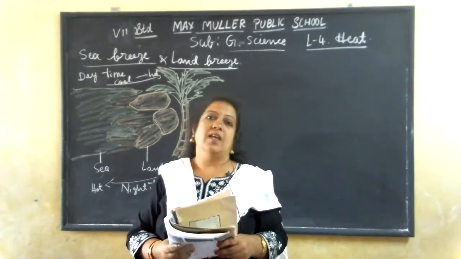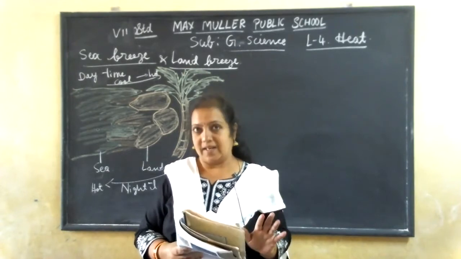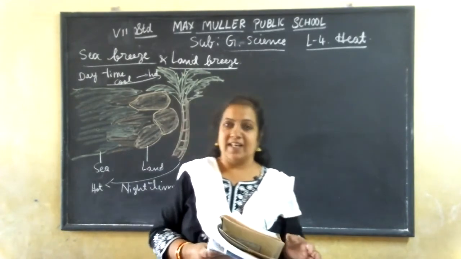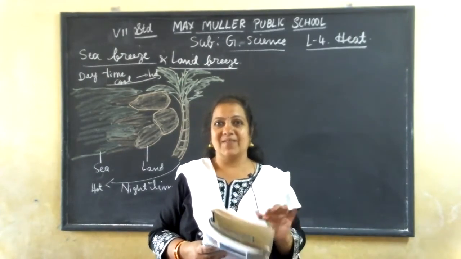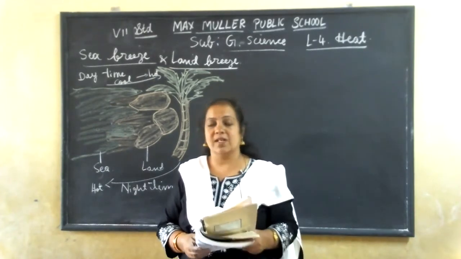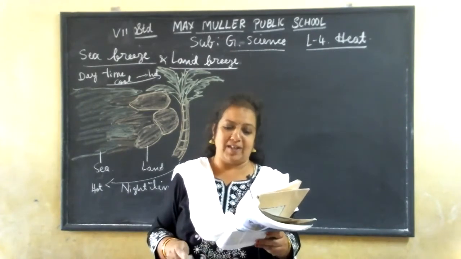Sea and land meet in the coastal areas. So how there will be changes in the coastal areas by these convection and conduction cycles, that we are going to study here. The people who live in the coastal areas face a different phenomenon there.